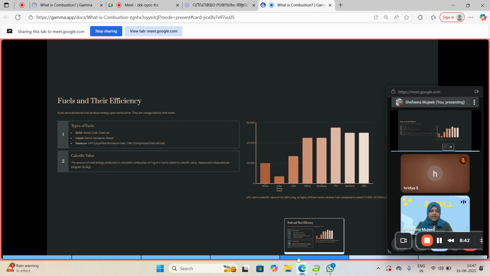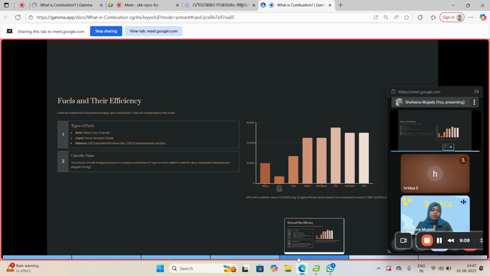Then the gaseous fuels are our normal LPG and compressed natural gas or CNG, and the liquid fuels are petrol and petroleum products. So these fuels all have their own efficiency.